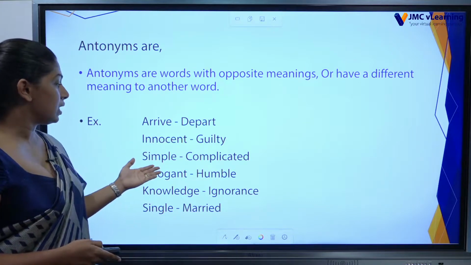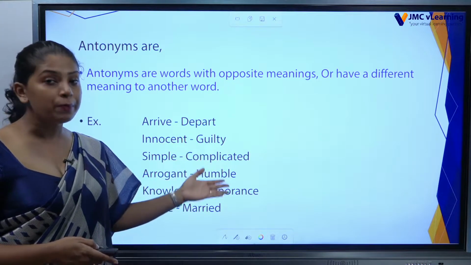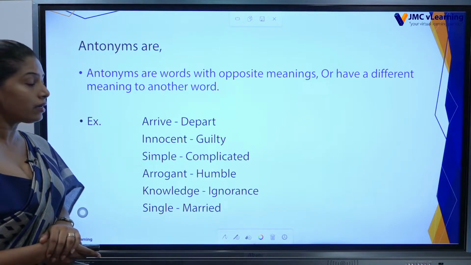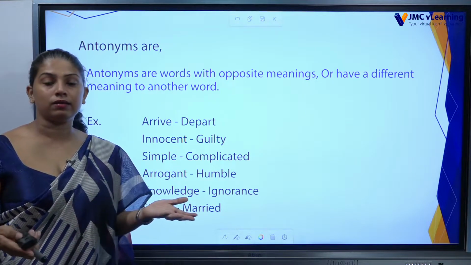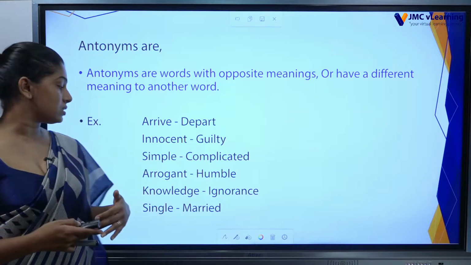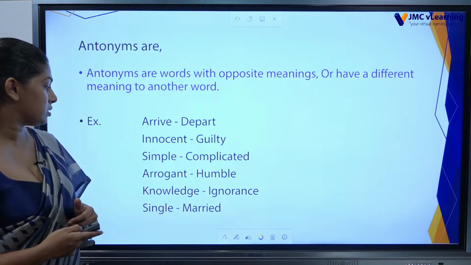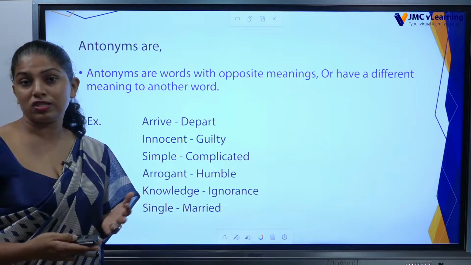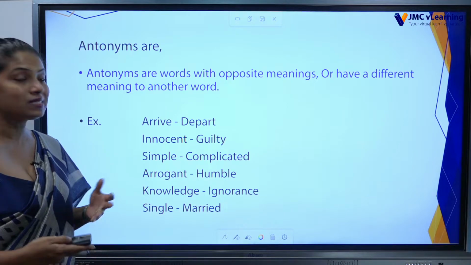Here it gives the different or the opposite idea than the first word given. Then arrogant. We can say proud. So what is the antonym for that? Humble. She is arrogant, she is proud. Then you can say she is humble.